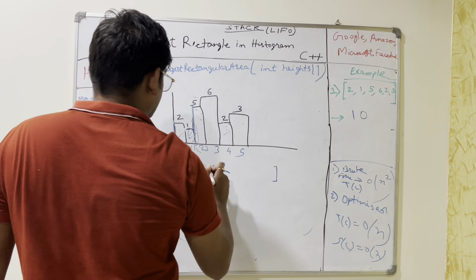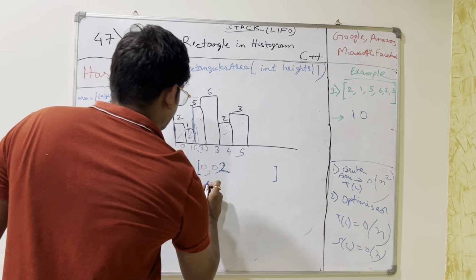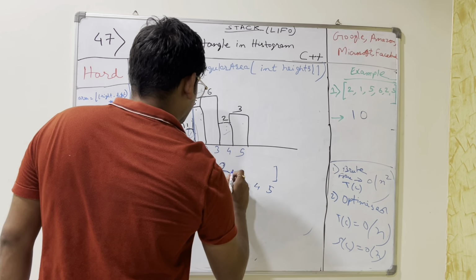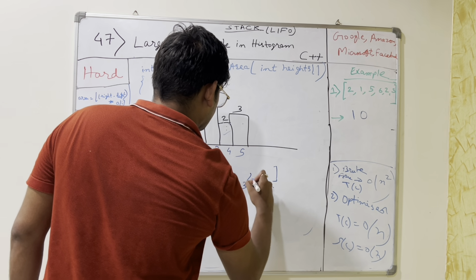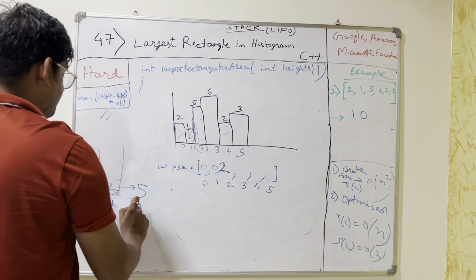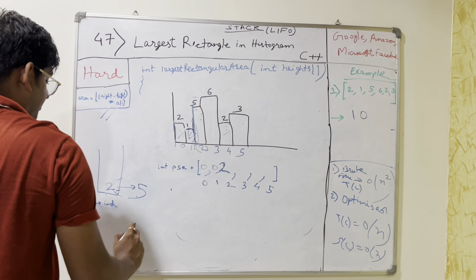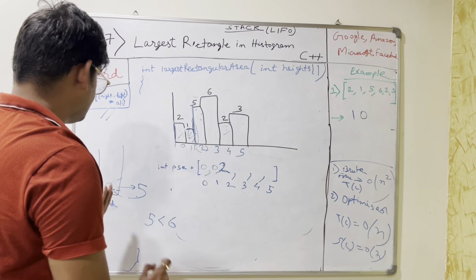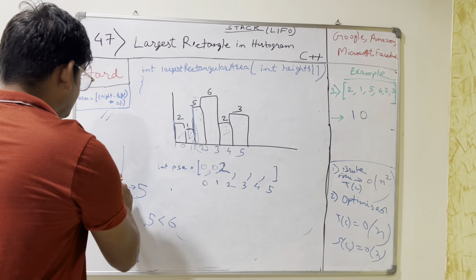So now for the third element, indices 0, 1, 2, 3, 4, 5. For the third index, its value is 6 and we see what is the value here, 5. So 5 is actually less than 6, which is the previous smaller to this. So we've got the answer. And what is its index? 2.